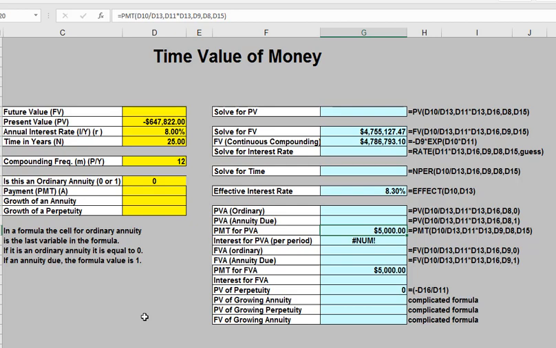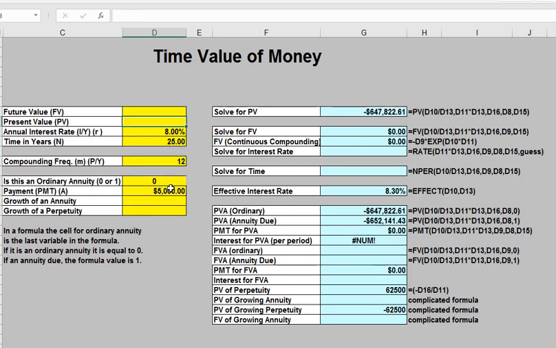We also can ask questions about time, right? Maybe we're worried a little bit about inflation. So the question is, we have the growth of an annuity here. What if I want the payment that I receive to grow by the inflation rate?